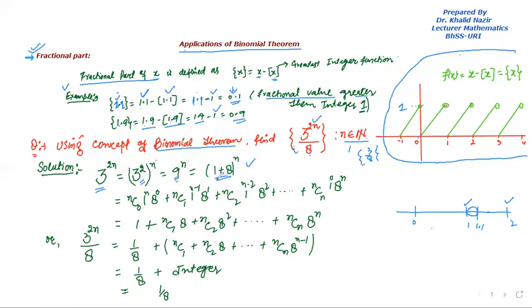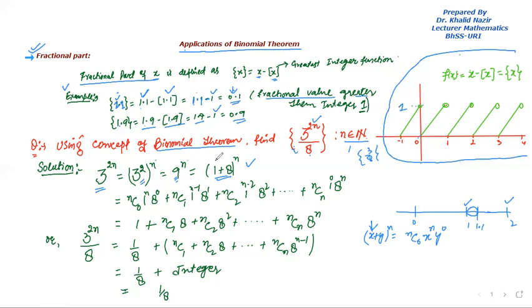Because in the binomial, now let's expand this by binomial expansion. You know the binomial expansion for two quantities x and y, (x plus y) raised to the power n, is nC0, the first quantity x raised to the highest power, that is n, then y raised to the lowest power, that is 0.